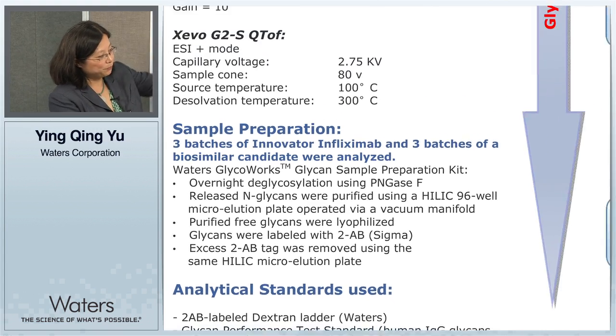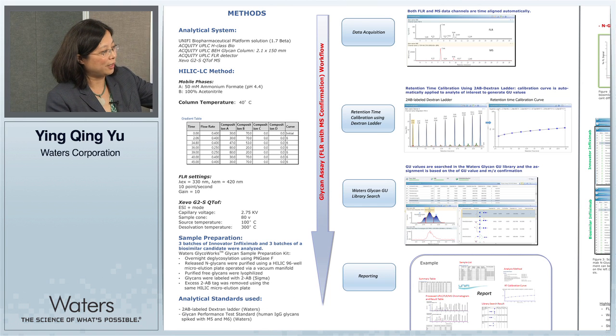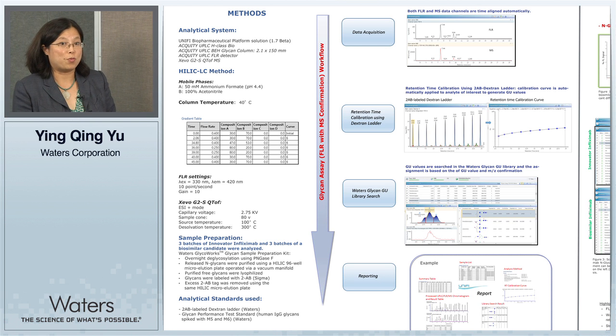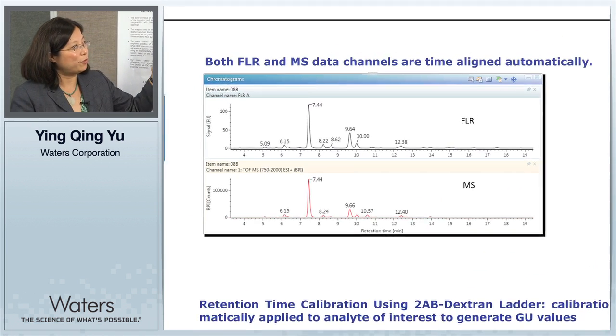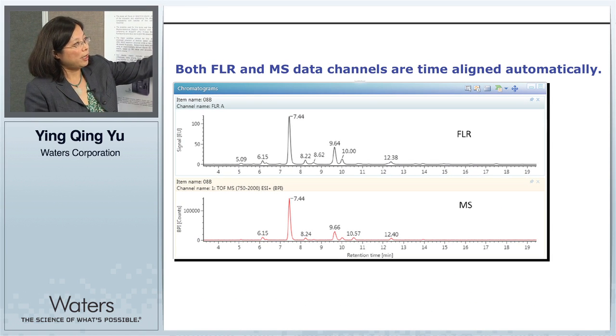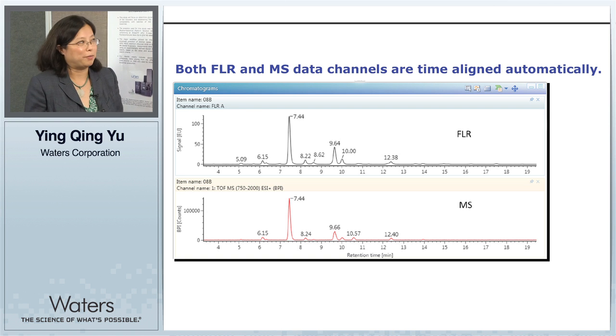Now, in the middle, this panel is very important. This gives the information on the glycan assay called the FLR with MS confirmation workflow in UNIFI version 1.7. Here is some of the new information coming out of this UNIFI informatics tool. It allows the scientists to do data acquisition, processing, and reporting automatically.